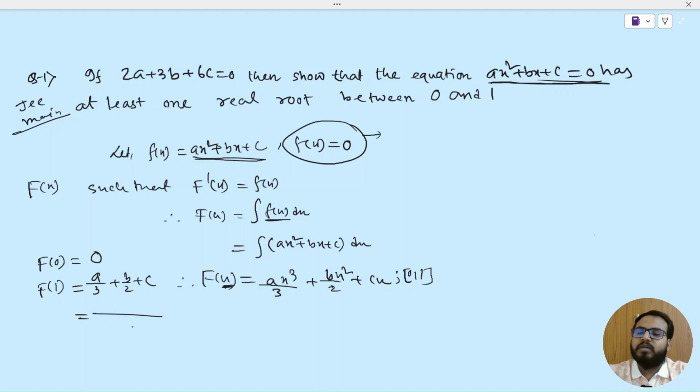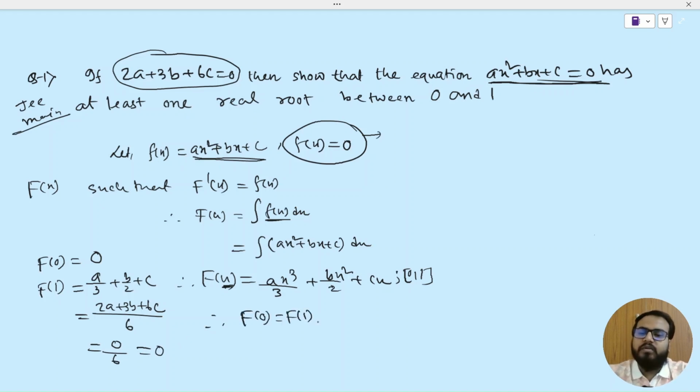Further calculating this, we can write (2a + 3b + 6c) by 6. Now the condition is given like this, so putting the value here, we get 0 by 6, that is 0. Therefore, we get F of 0 equal to F of 1, both equal to 0.